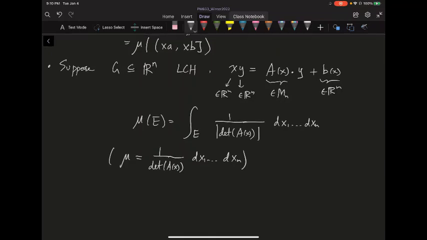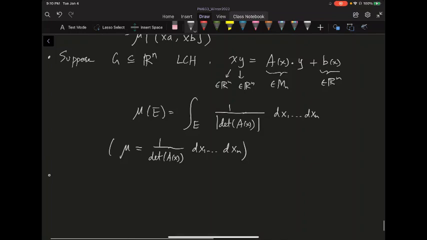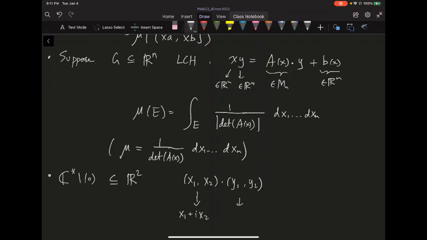All right, just as an example, consider the complex numbers with 0 taken away. If you want to embed them into 2 copies of R, then for the multiplication of (x1, x2) times (y1, y2), you treat x1, x2 as x1 plus i times x2, and the same for y1 plus i times y2.